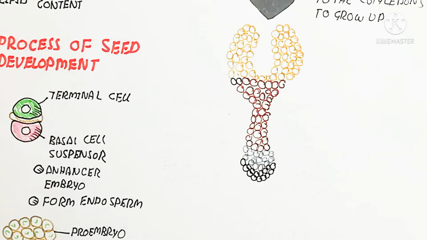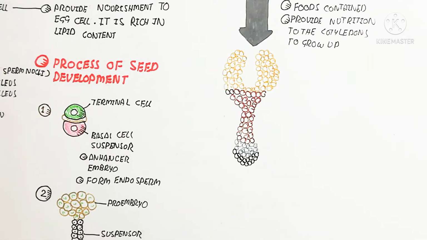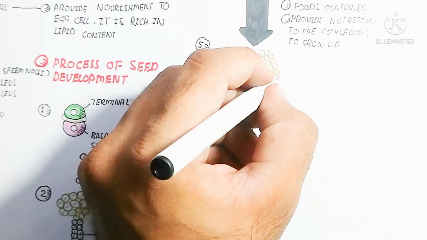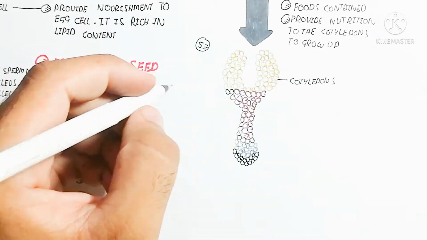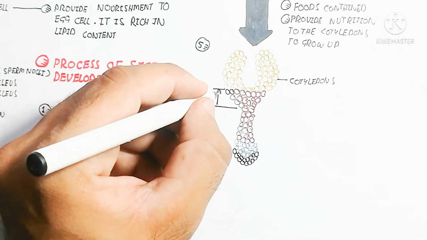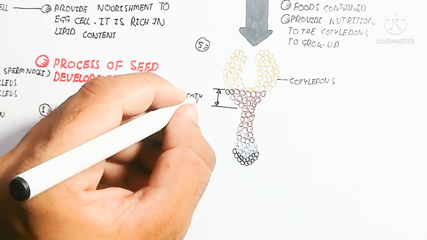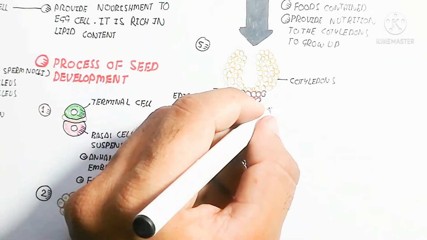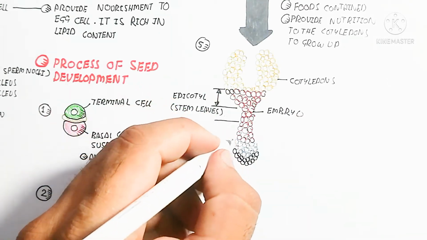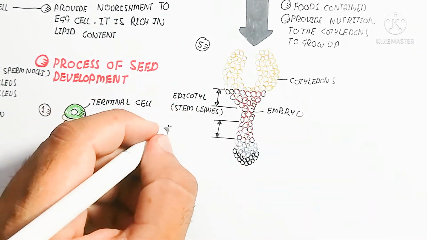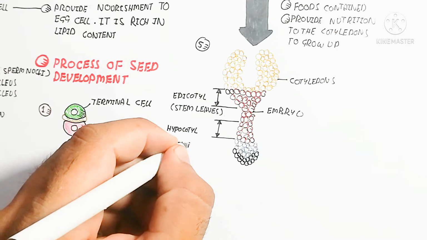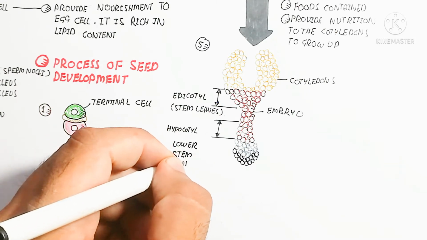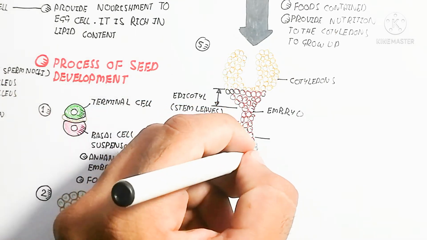The epicotyl is here, meaning the upper part; the stem and leaves are produced from the epicotyl, while the embryo lies between the epicotyl and hypocotyl. The hypocotyl is the future lower stem, while the radicle is the future root, and the basal cell suspensor is used for root production.